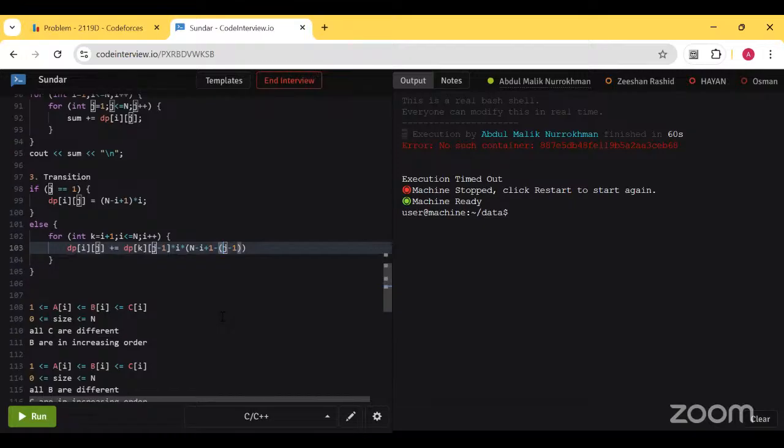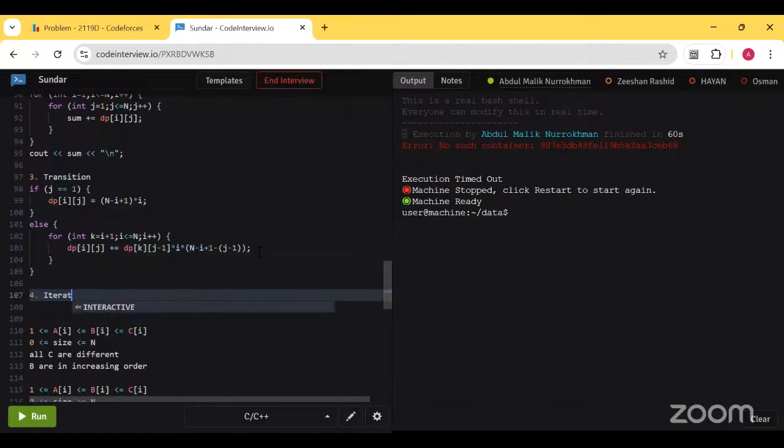Is it correct? Yes, so this is the transition.